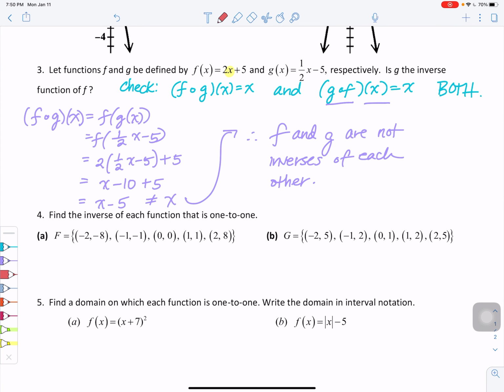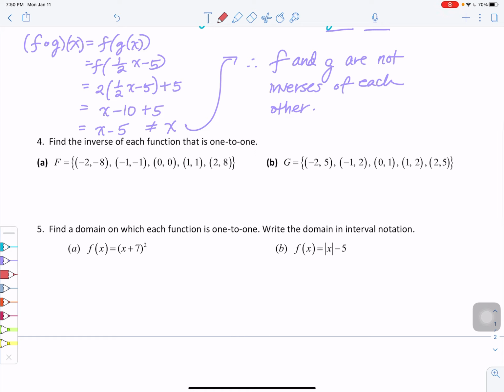Moving on to number 4, find the inverse of each function that is one-to-one. Now, if you look here, all of our x values are different, and all of our y values are different. We have no repeated values. So therefore, f is one-to-one, and f inverse exists.